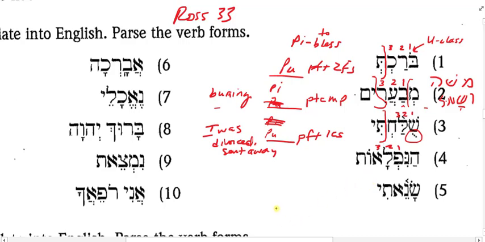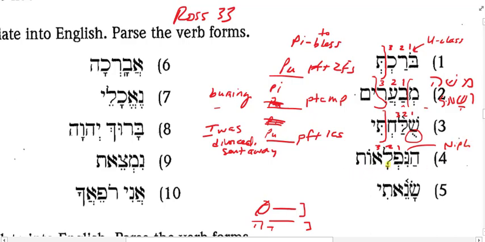Nope. When I have a noon prefix for 1CP, it's either noon with nothing or noon with a qamets-he, right? If it's noon with nothing, it's just the imperfect 1CP. Noon with qamets-he, it's cohortative 1CP. Okay? But here it's noon with ot. So that can't be the 1CP prefix. It's got to be the nifal.